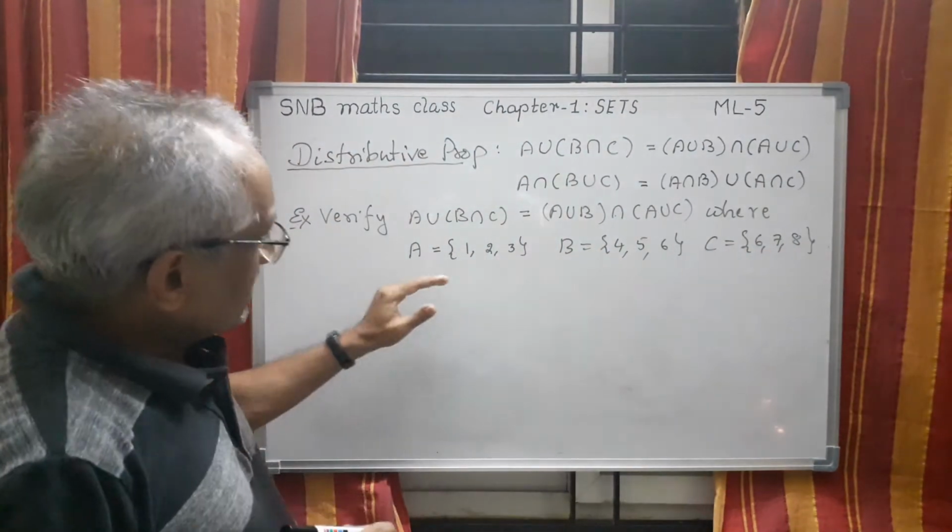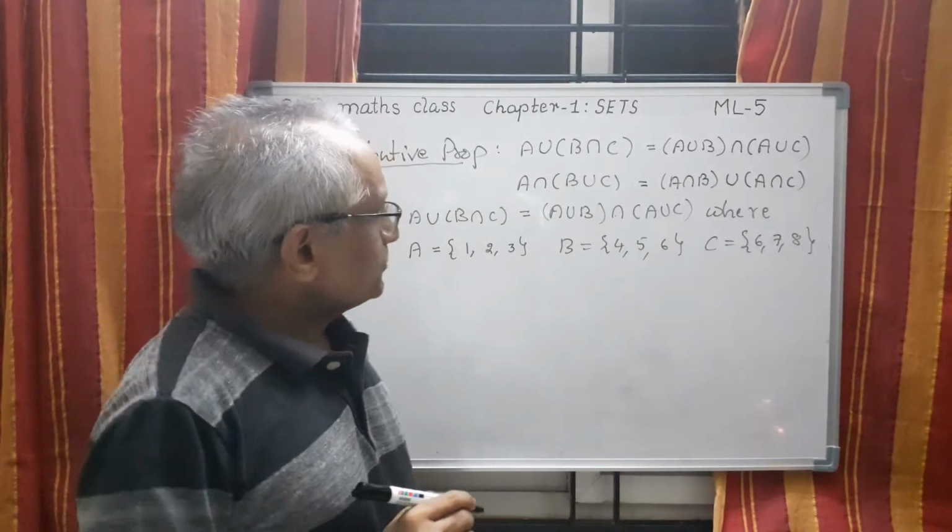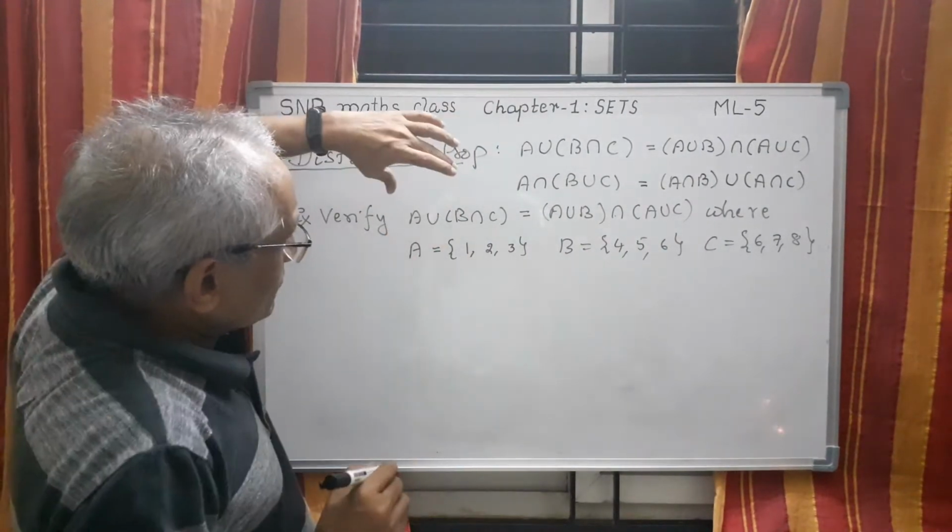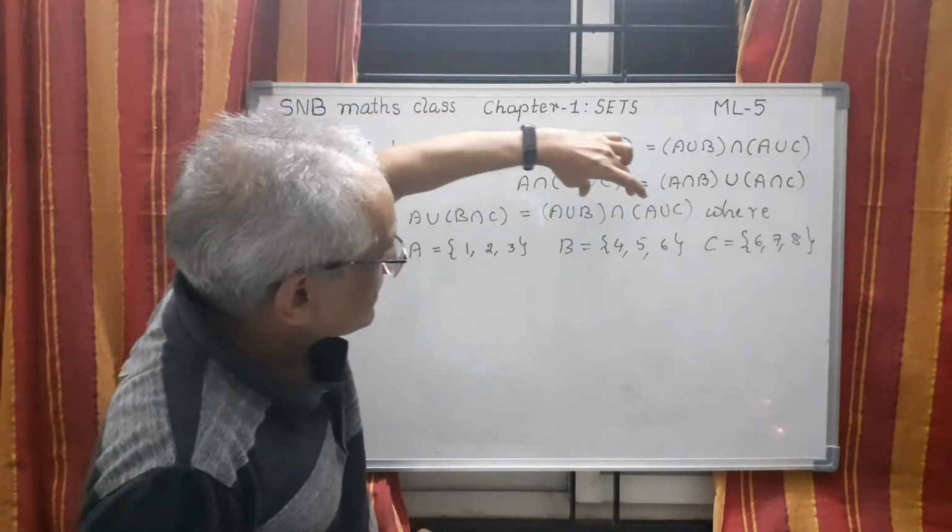Three sets, each containing some elements. Now we have to show that this equals this.